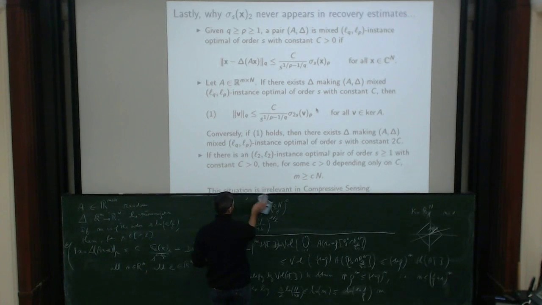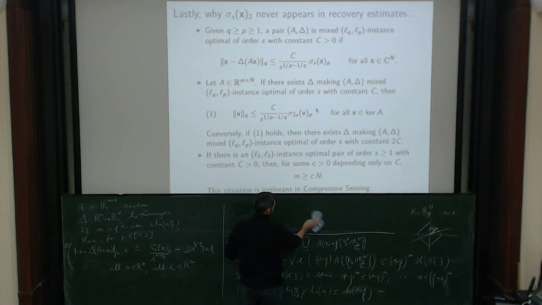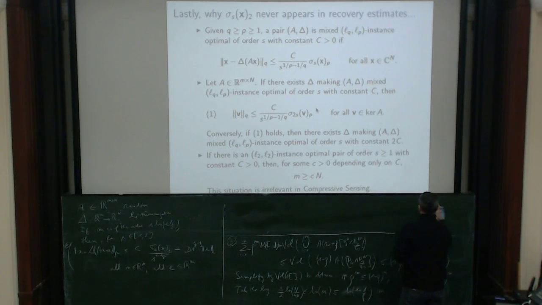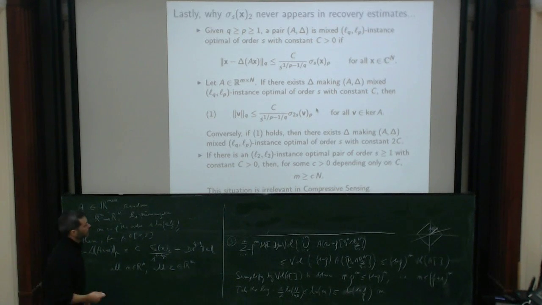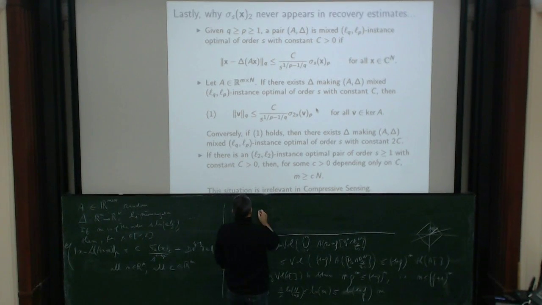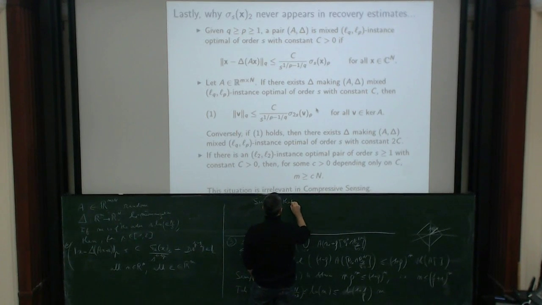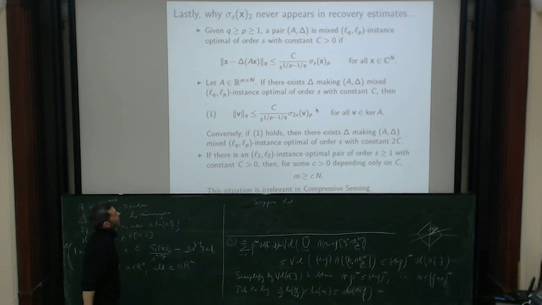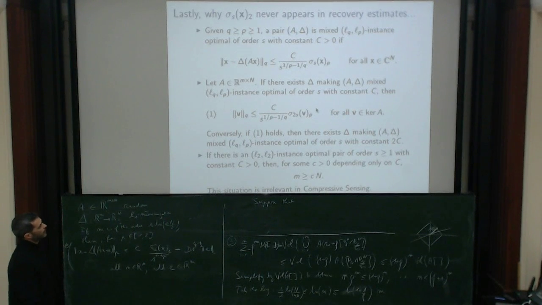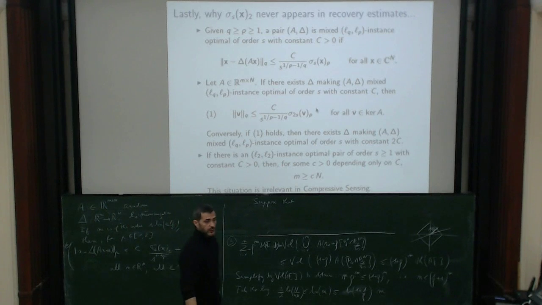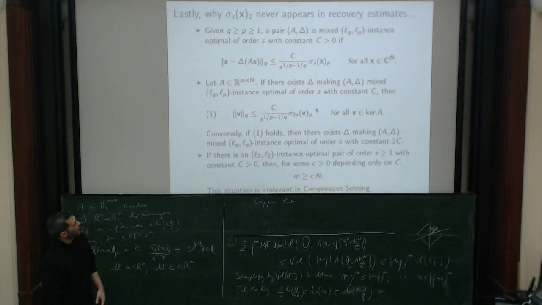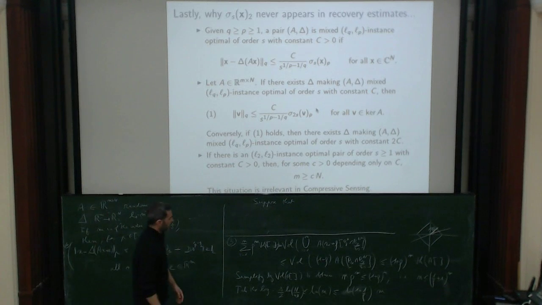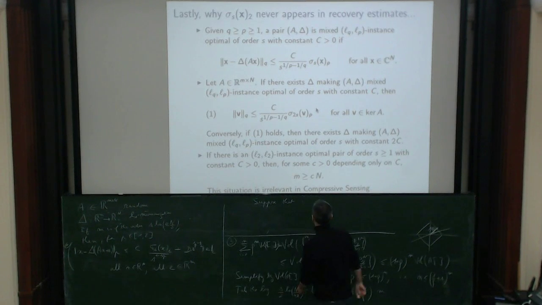This is much shorter than what I've just done. So suppose A is fixed, and you suppose that there is an L2 instance optimal pair. In particular, this property 1 should be true, and let's take it for the smallest possible index S instead of 2S.